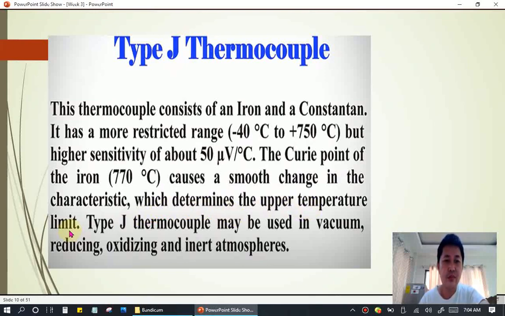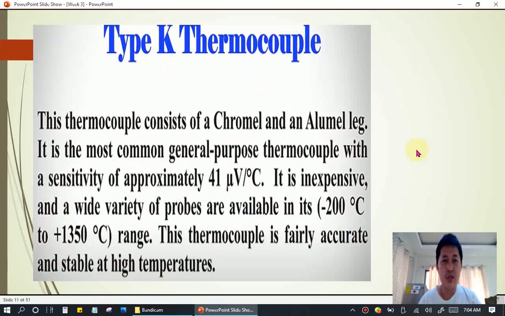So type J thermocouple may be used in vacuum, reducing, oxidizing, and inert atmosphere. So that is one type of a thermocouple, which is type J thermocouple. Next, we have also type K thermocouple. So this thermocouple consists of a chromel and an alumel leg.